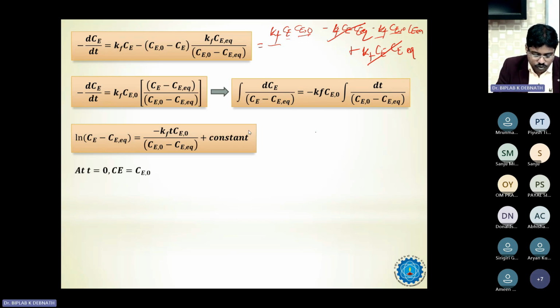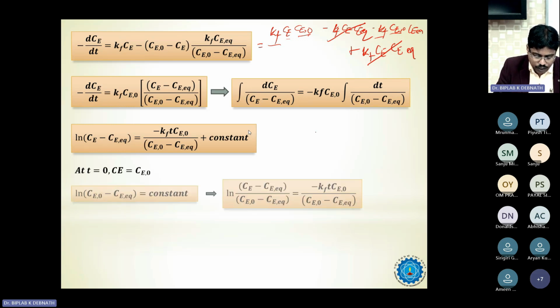Now, if we use the boundary condition at time t equal to 0, C is equal to C naught, then with this we can find ln of C naught minus C equilibrium is equal to the constant, because at time t equal to 0 this term will become 0.